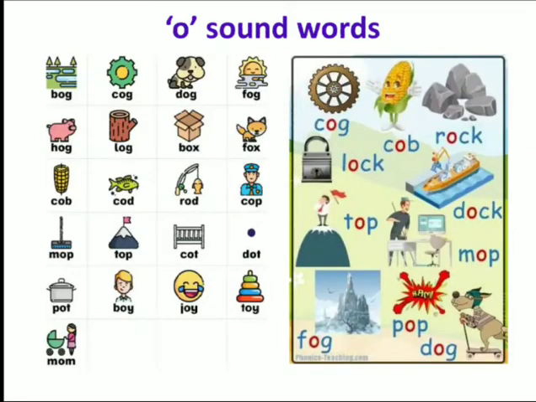The next one is vowel O. O sound words. The sound for vowel O is O. Now read aloud, children. B-O-G, bog. Cog. Dog. Fog.